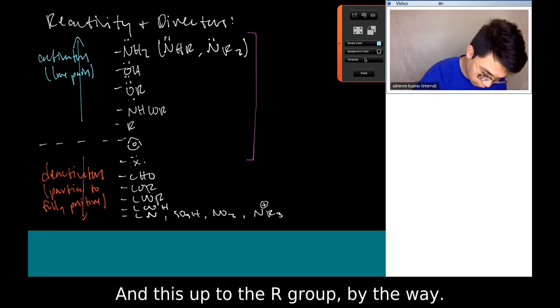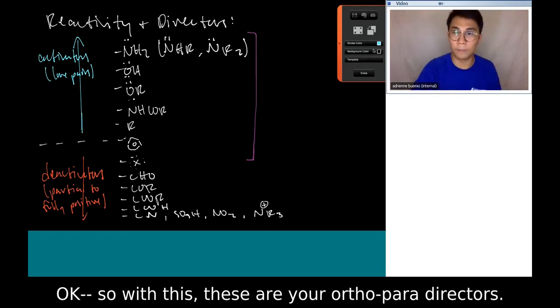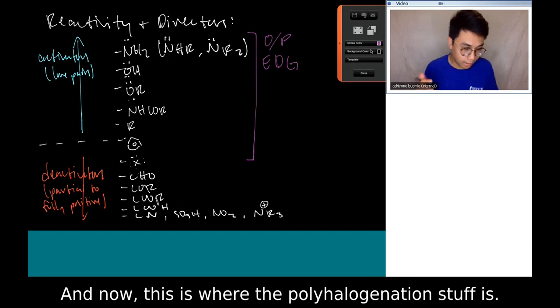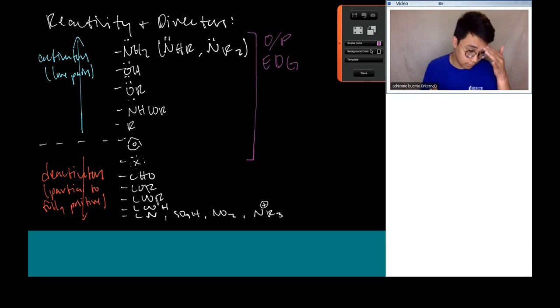And this is up to the R group, by the way. Okay. So with this, these are your ortho-para directors, right? And they're also the electron donating groups, right? And now this is where the polyhalogenation stuff is.